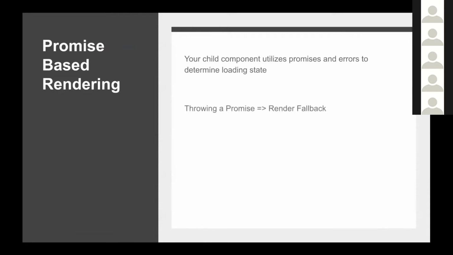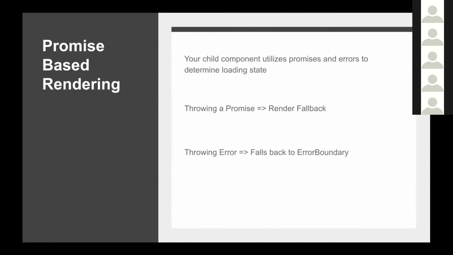If that child component throws a promise, and yes, we're actually going to be throwing promises from the return method of our functional components, it will just render the fallback that's in that suspense boundary. If we throw an error, it's just going to bubble up until you hit the nearest error boundary. So ideally, you've got your app wrapped in some kind of error boundary so that you don't have big UI blowups or a white screen.